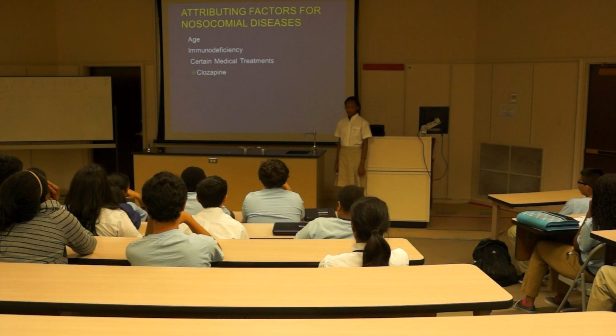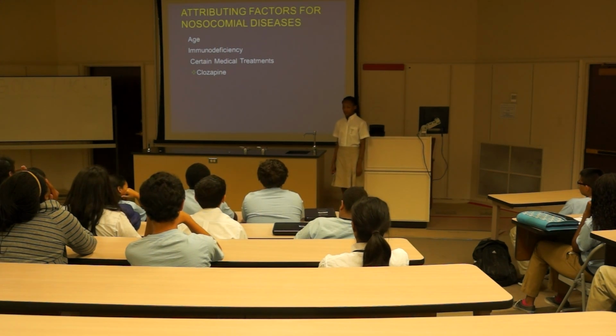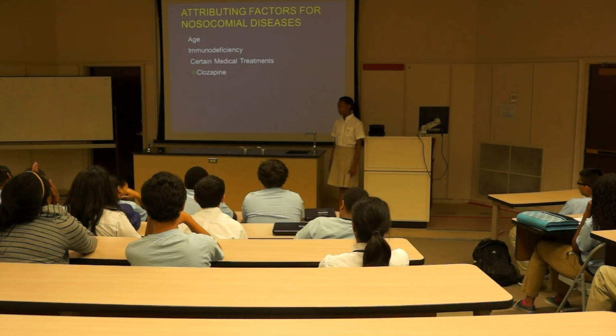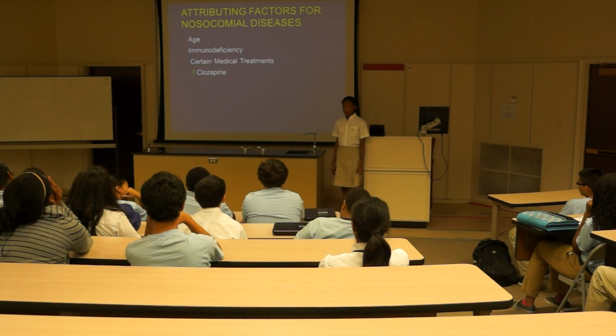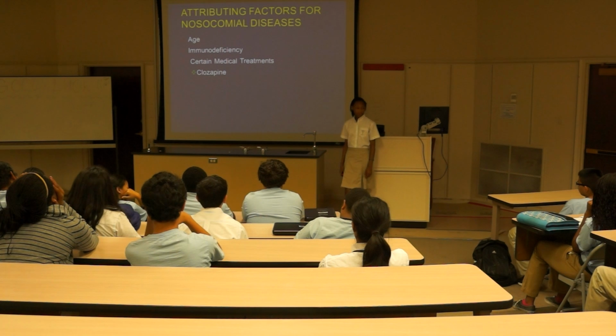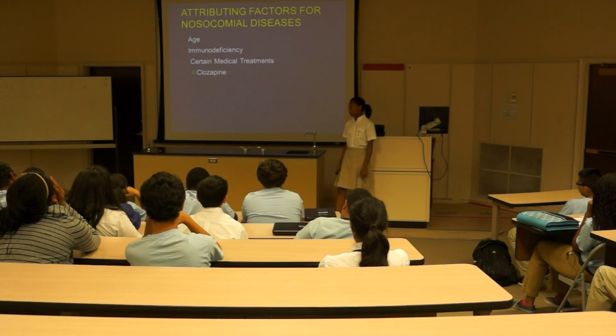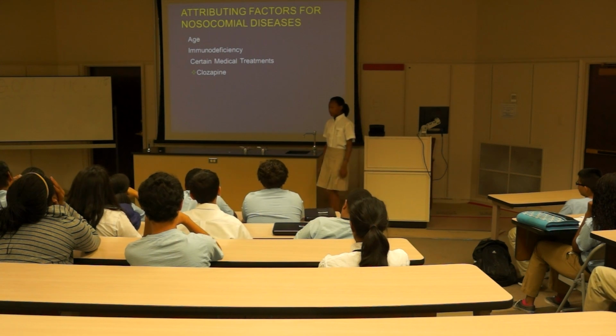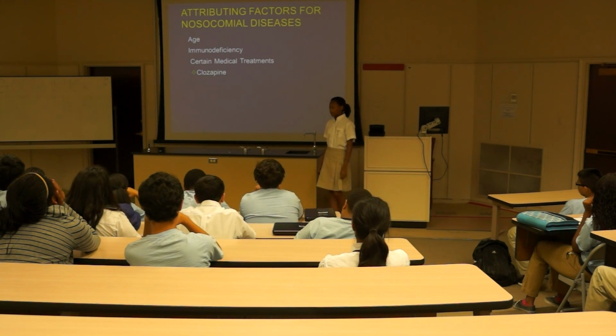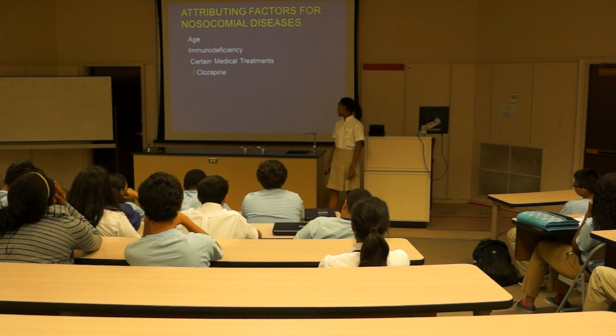Another attributing factor is immunodeficiency. Many of you might be familiar with HIV, which is an immunodeficiency virus. The disease itself isn't what actually causes many of the deaths. It's the fact that when it kills off the immune system, many small germs or pathogens, like bacteria, can come in and end up being very lethal.